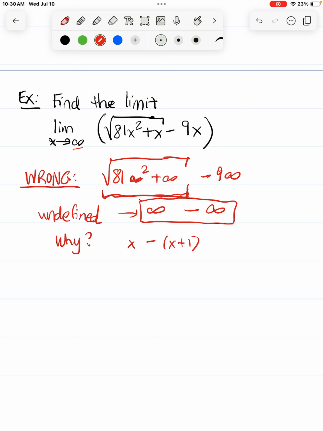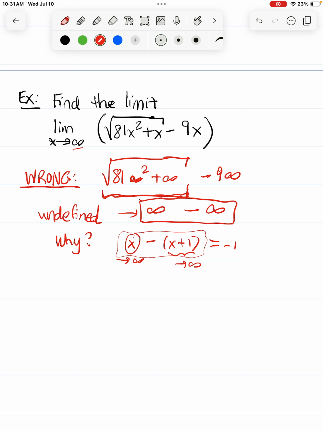This quantity x is going to infinity, and x plus 1 is going to infinity. But what's x minus, in parentheses, x plus 1? That's going to be x minus x minus 1, which is negative 1. So the limit of this quantity will be negative 1.